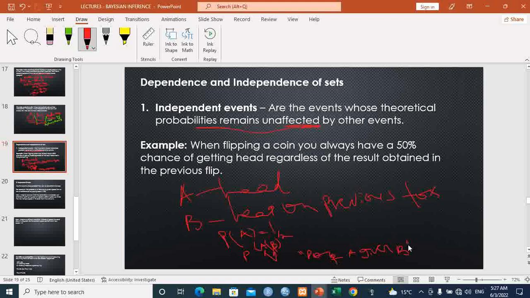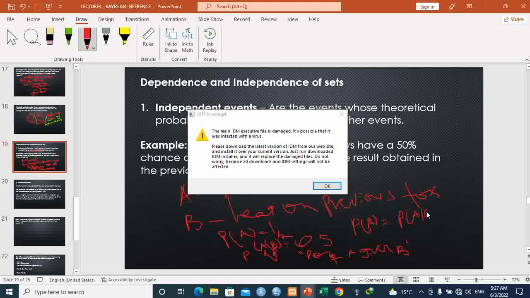Does it change? It doesn't change, so it is still 0.5. So in this case we have the probability of A is equal to the probability of A given B.